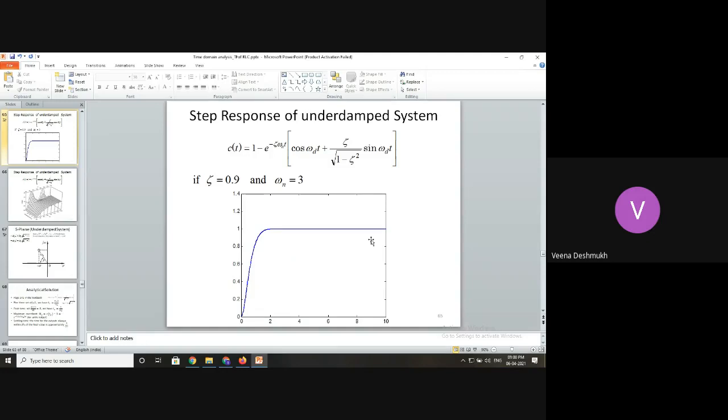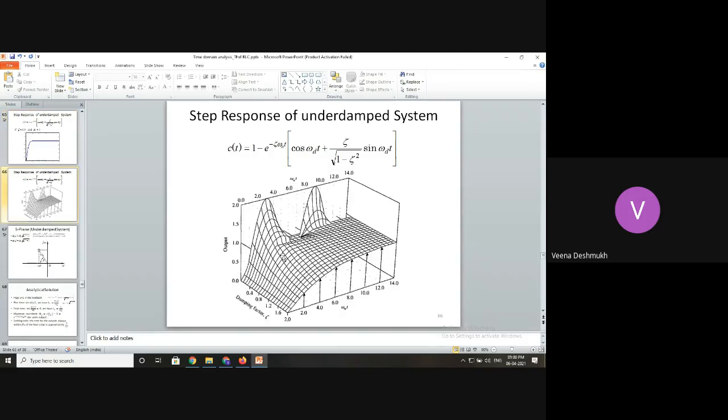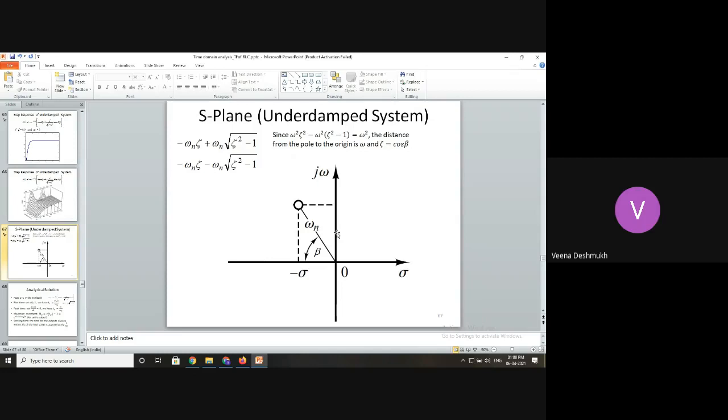Here you can check this MATLAB graph, which shows how exactly the response varies with variation in the damping factor and the natural frequency of oscillation. This is in the S domain.